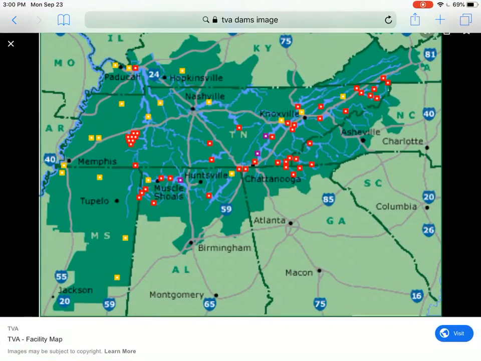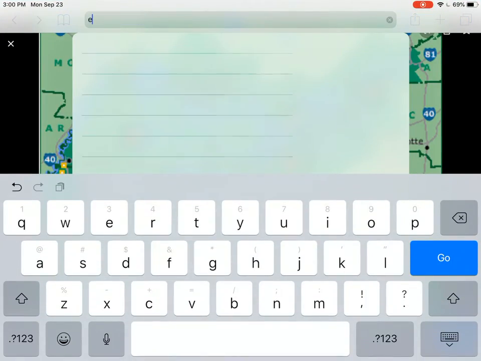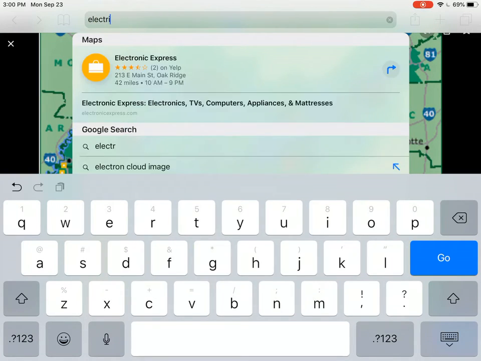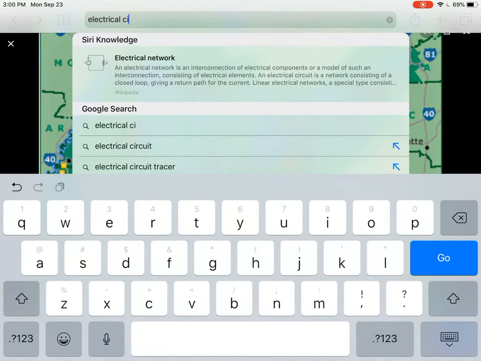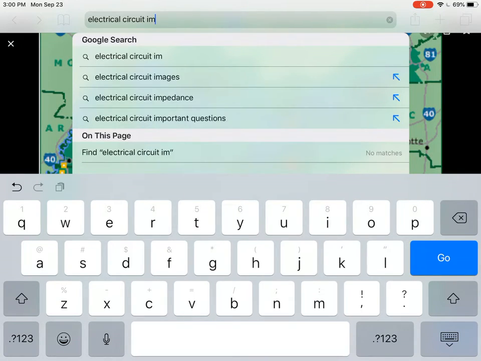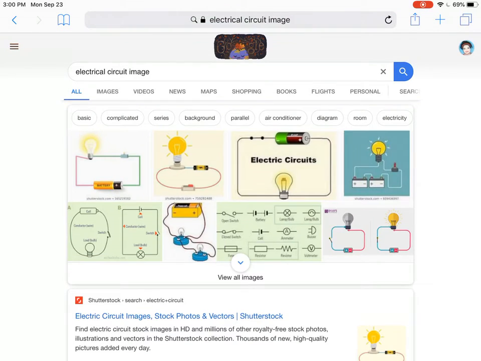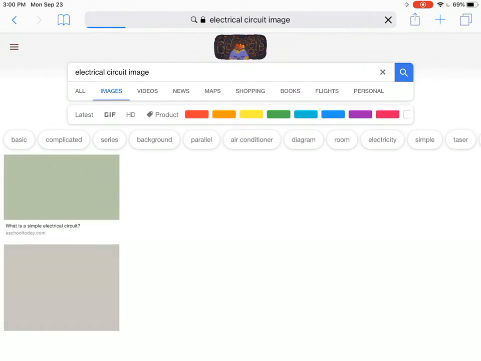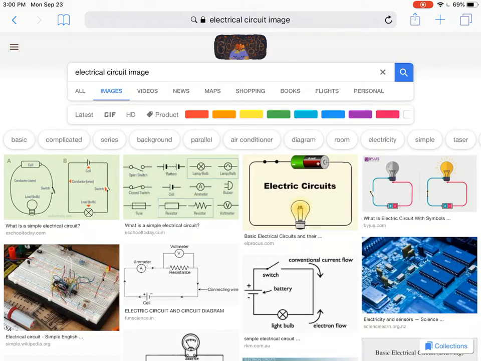Here is a picture, hopefully, of an electrical circuit. If you have ever built a house, you will be familiar with electrical circuits because you have to decide, or your contractor will decide, which appliances to put on different circuits. You don't want to overload a circuit.